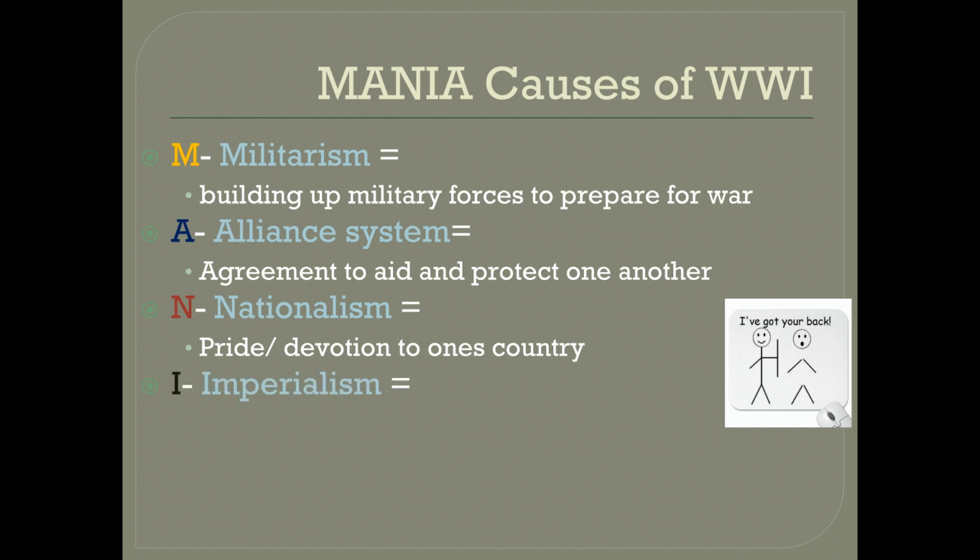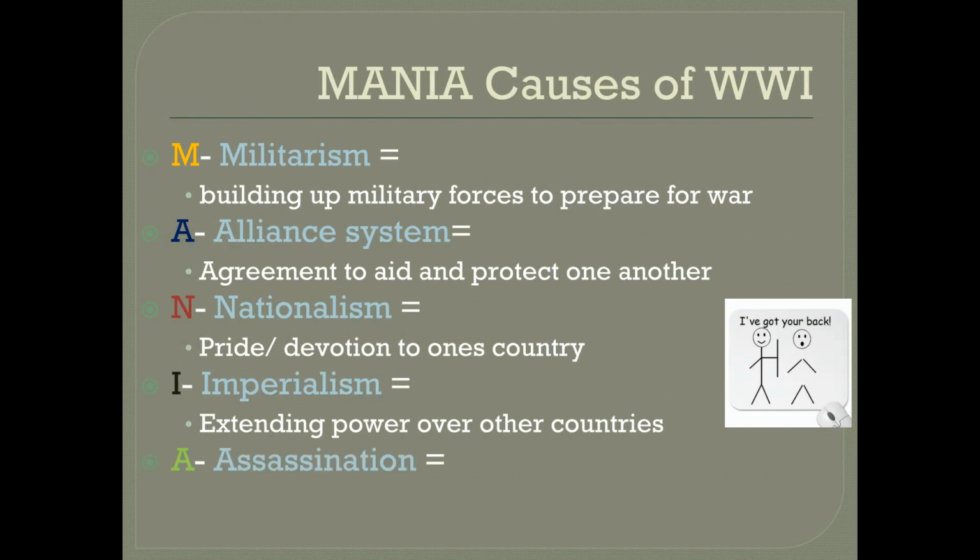The I stands for imperialism, which is what we've been talking about over the last few weeks. Imperialism, remember, is going out and asserting yourself over other countries, having domination over those countries, and so on. So imperialism is extending your power and control over other countries. And then the final thing would have been the A, and the A stands for assassination.